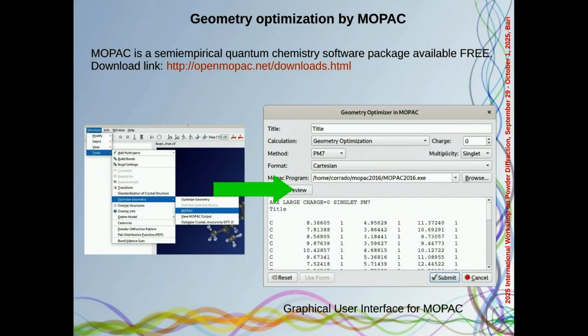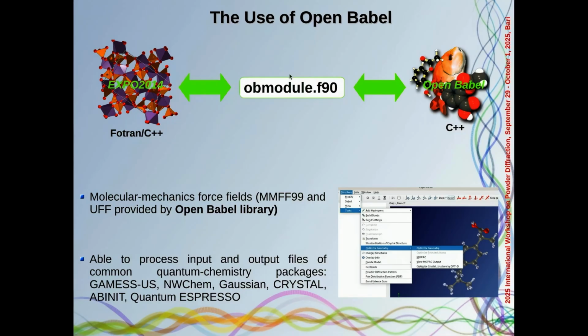This is third-party software: you have to download it from this link and install it in a standard folder. In EXPO, you can also run the geometry optimization by using a molecular force field. At the same time, you can create input files for a limited number of quantum chemistry packages, for example NWChem, Gaussian, CRYSTAL, ABINIT, and Quantum ESPRESSO.